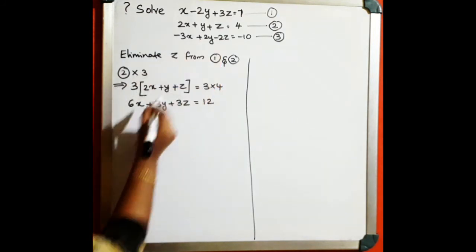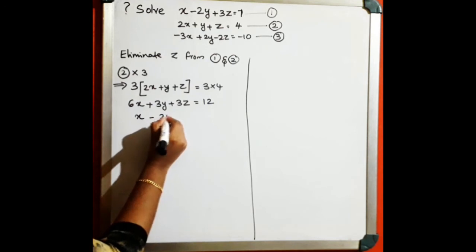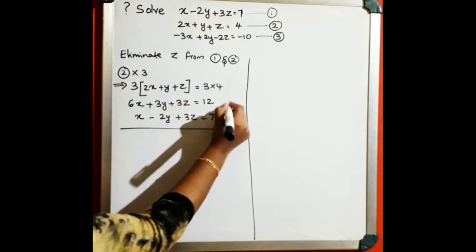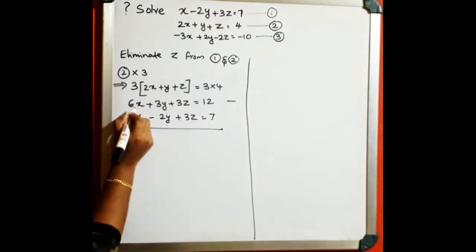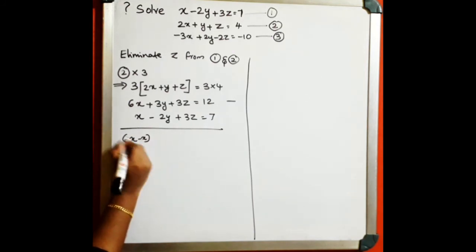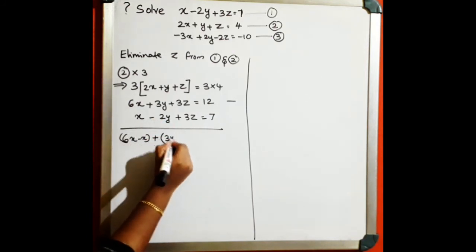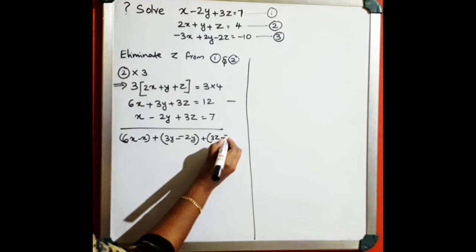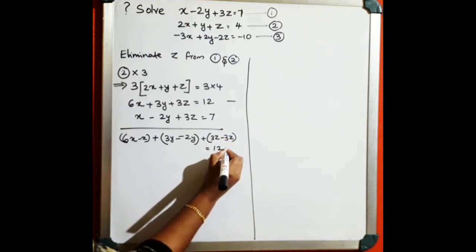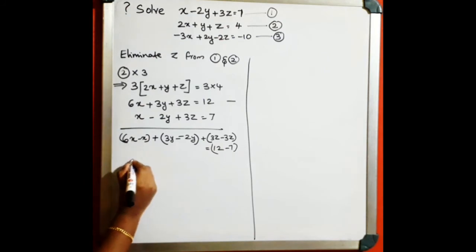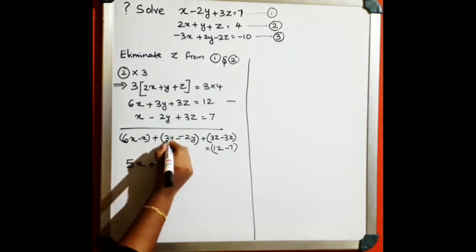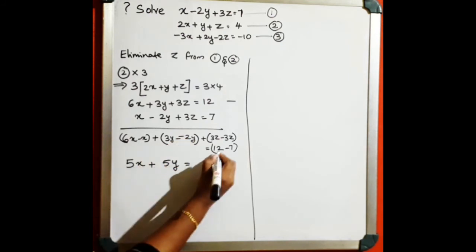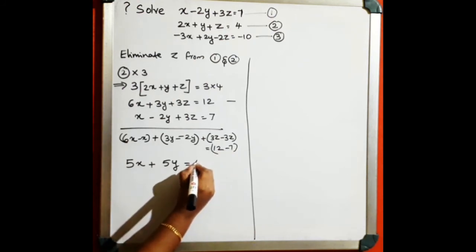And the first equation is x minus 2y plus 3z is equal to 7. To eliminate z, just subtract this equation. So we get 6x minus x plus 3y minus 2y plus 3z minus 3z is equal to 12 minus 7. 6x minus x is 5x plus 3y minus 2y is 3y plus 2y, which is 5y is equal to 12 minus 7 is 5.